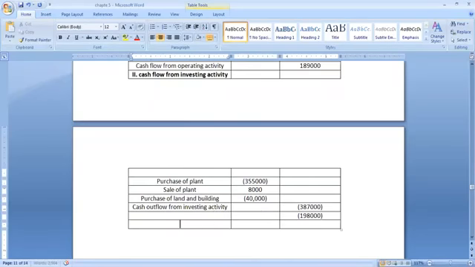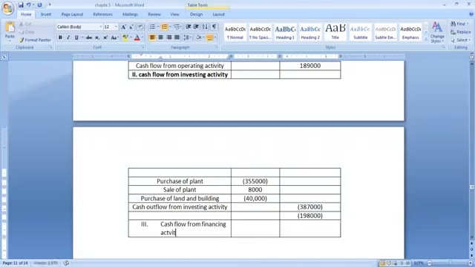So now take the information of cash flow from financing activity. So what is the cash flow from financing activity? Issue of equity share capital.